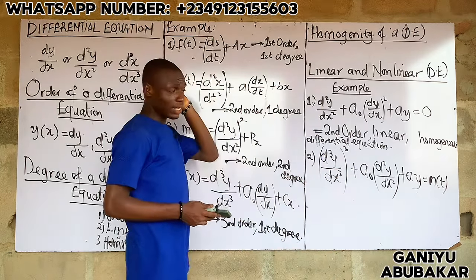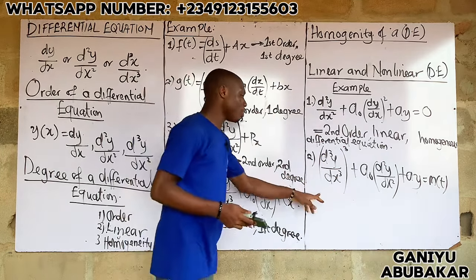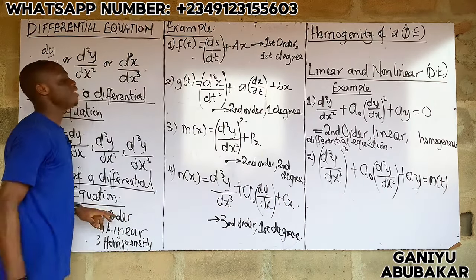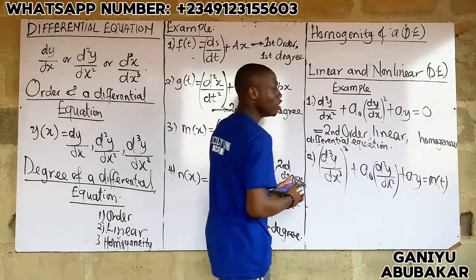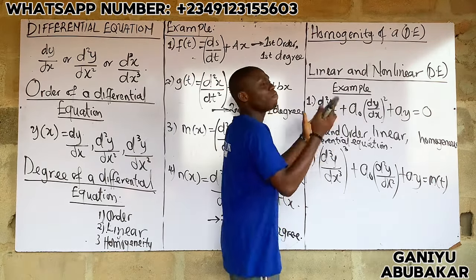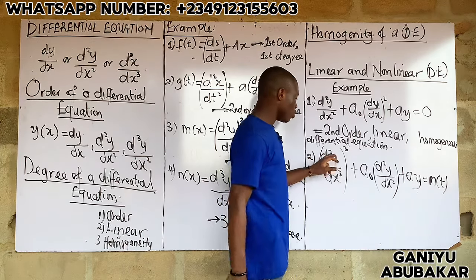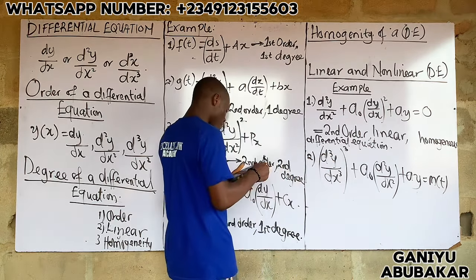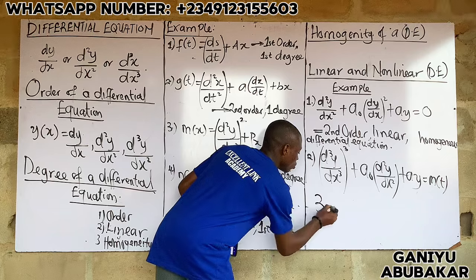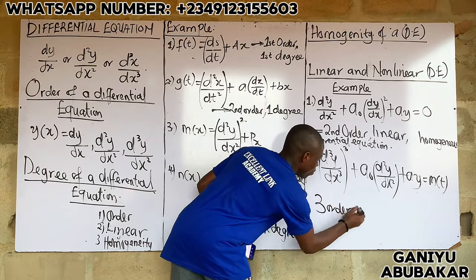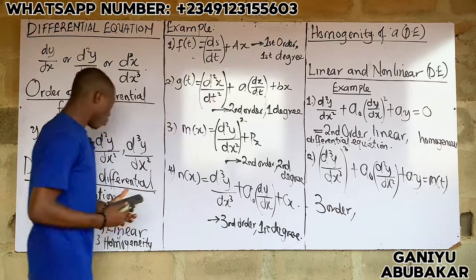Let's get what we get. For this one here, the first task, let's name it. We said get the order first. The order here is given by the highest differential coefficient. My one here is what? Cube. This one is the cube. So we have third order. When you are done with order, we say move to what? Linear.